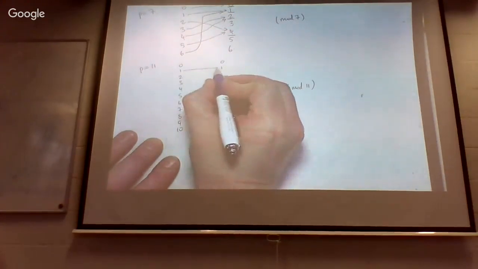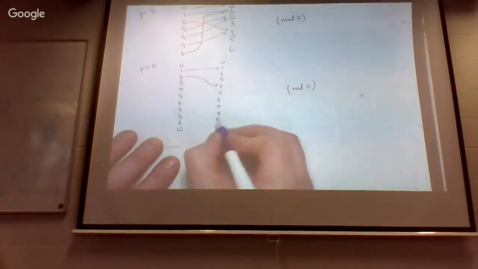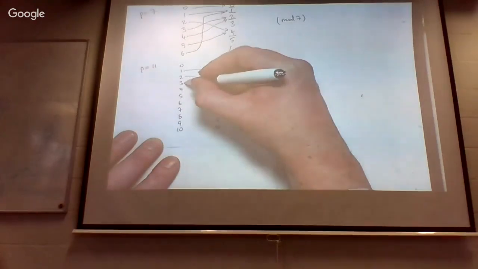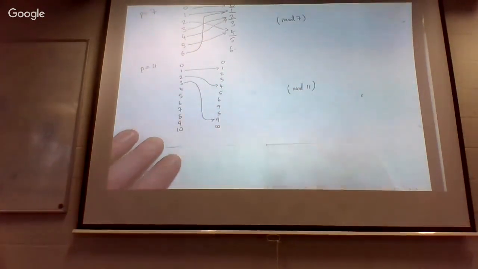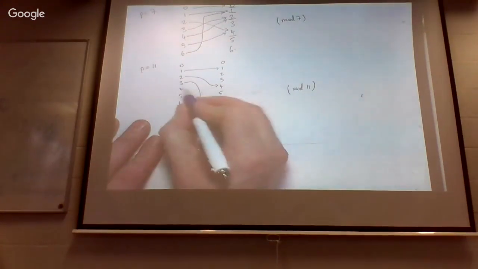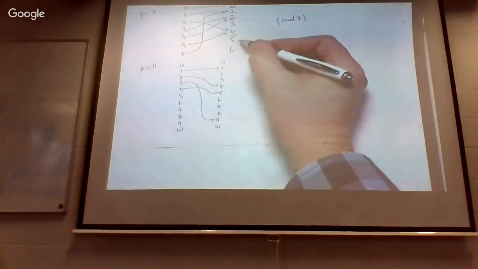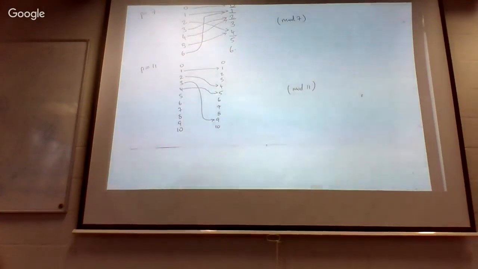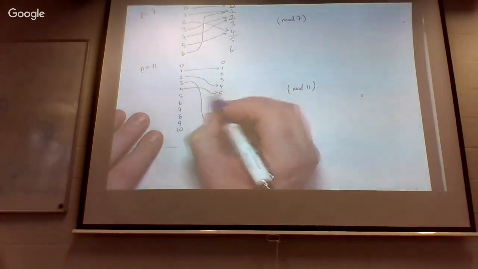Okay, 1 goes to 1. 2 goes to 4, of course. And we expect things to go to 9 as well, don't we? We've got 9 now, so 3 is going to go to 9. 4 goes to 16, which is 5. The 5 wasn't a quadratic residue mod 7, but it is mod 11.